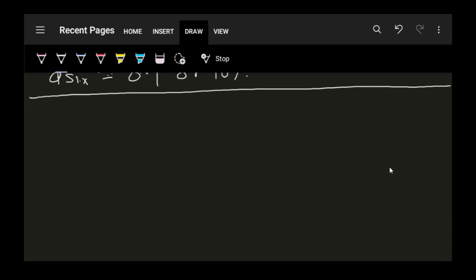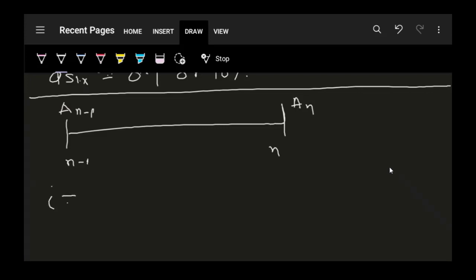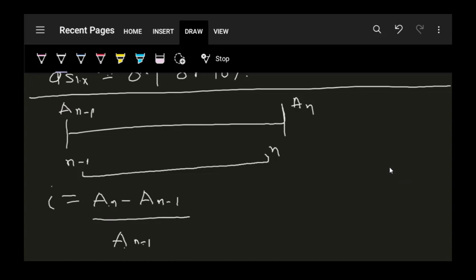In general, if we have an amount a(n-1) at time n-1 and an amount a(n) at time n, then to directly calculate the effective interest and discount rates, the effective interest rate for this time duration will be i, calculated as the total interest paid in that duration, which is a(n) minus a(n-1), upon the initial amount that I invested or got, a(n-1).